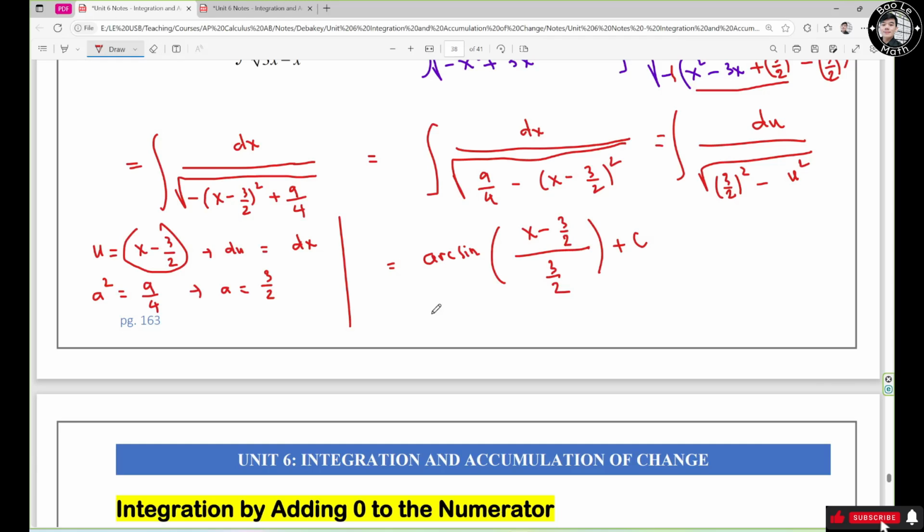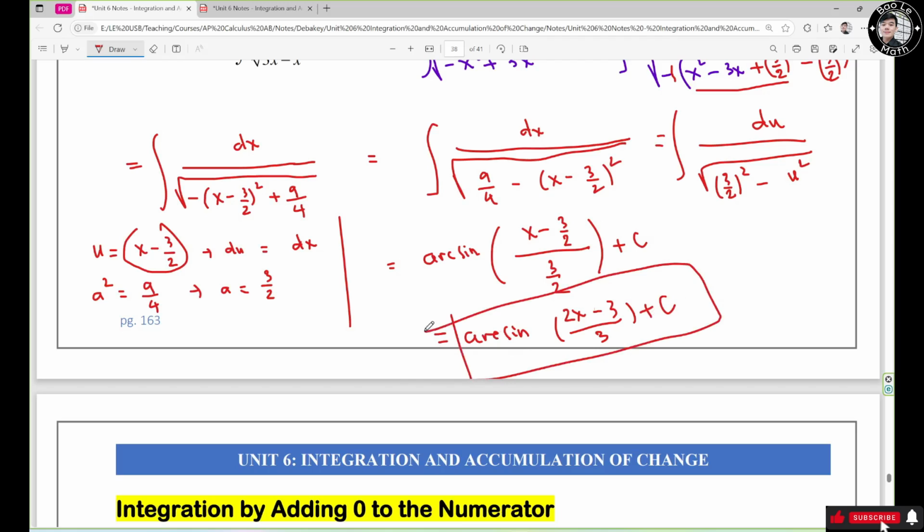Now I need to simplify this, so it can be inverse sine of, now I need to flip 3 over 2, it turns out to be 2 over 3. So 2 multiplied by s is 2s, and 2 multiplied by negative 3 over 2 is negative 3, over 3, plus c. This is the final answer.